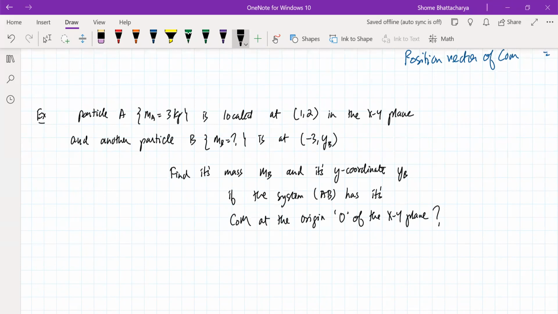So very simple question, but an example of class 11th level application of definition of center of mass. Just try this out, people.